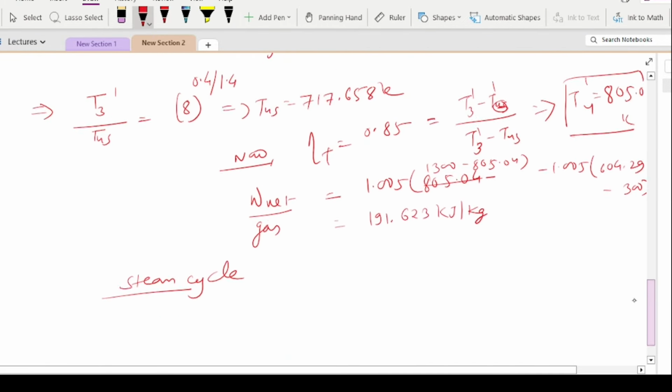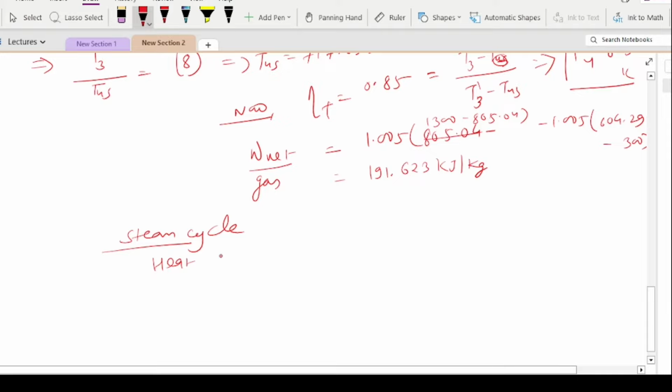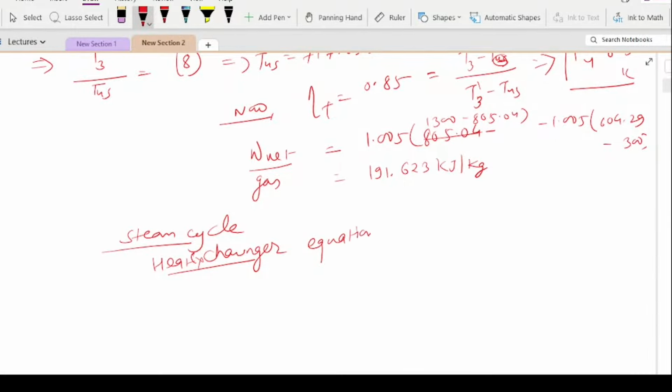Therefore, from the heat exchanger equation, we can write that if mg is the mass of exhaust gases in the gas turbine, then heat output, that is Cp into T4 dash minus T5 dash, is equal to the mass of steam, that is the heat absorbed by the water in the Rankine cycle, ms into h3 minus h2.